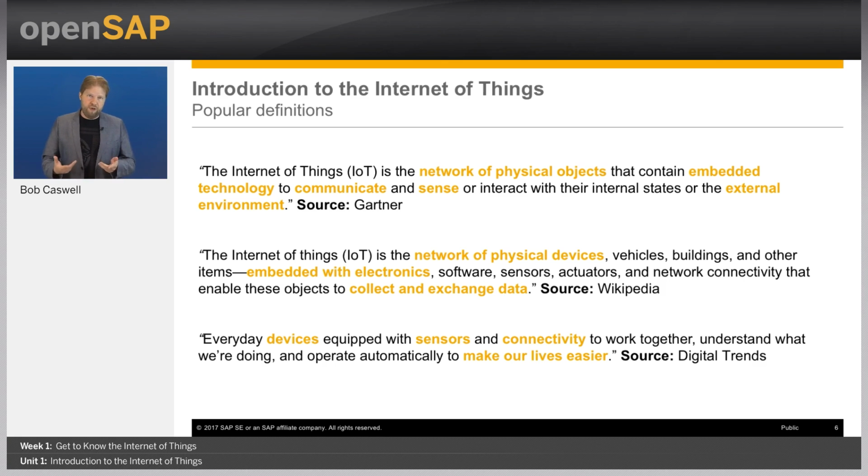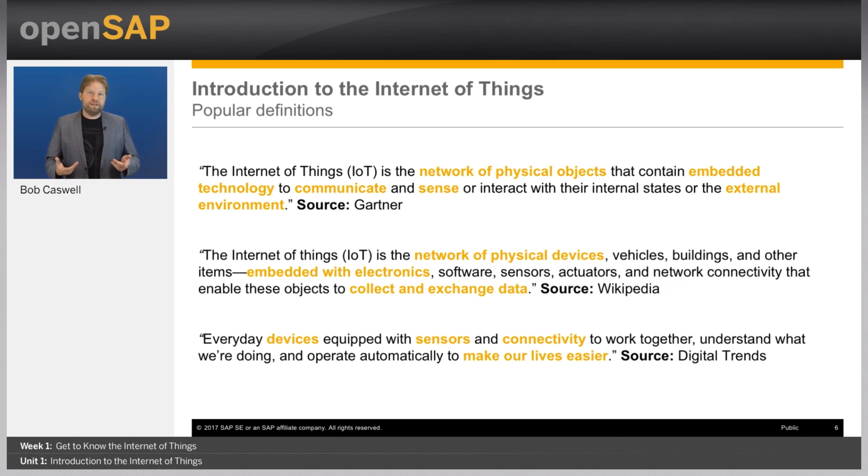But then Wikipedia has a definition that calls out other aspects like the software involved and the fact that these physical devices are collecting and exchanging data. And last but not least, there's another definition from Digital Trends that focuses on the fact that these connected things are really coming together to understand what we as humans are doing in our daily lives in order to make our lives easier. So that's really quite the variety of definitions.